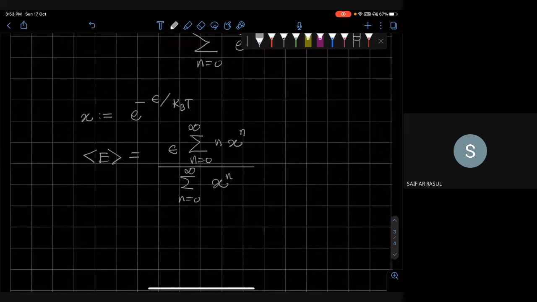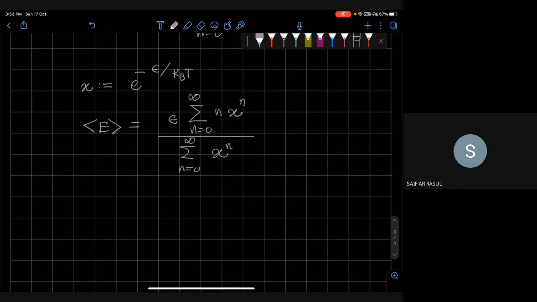This is actually quite easy to evaluate. First, start with the denominator.